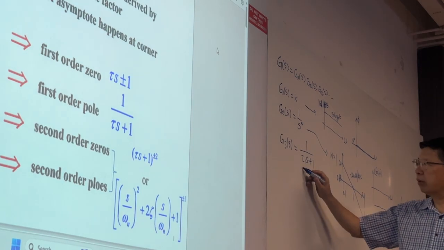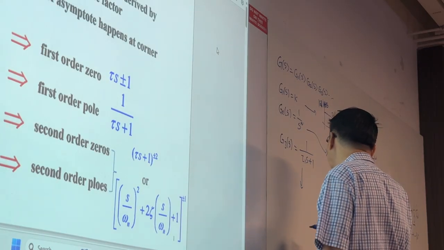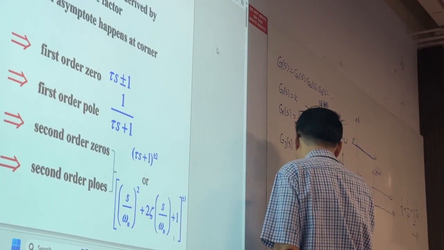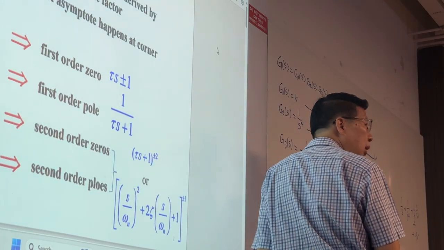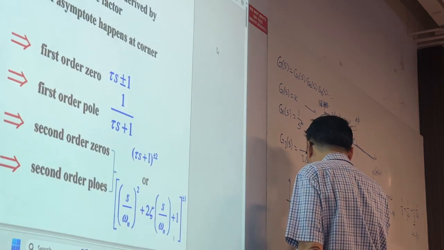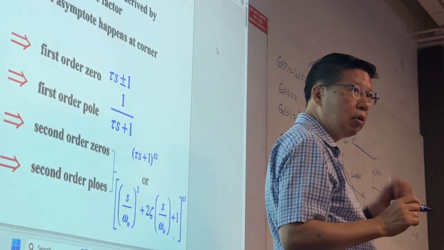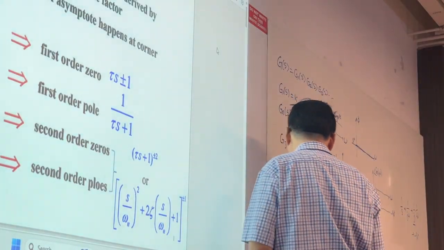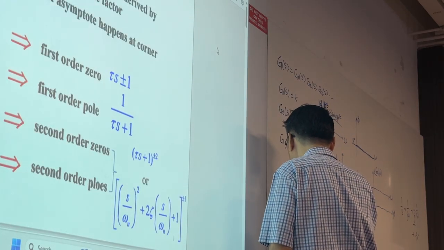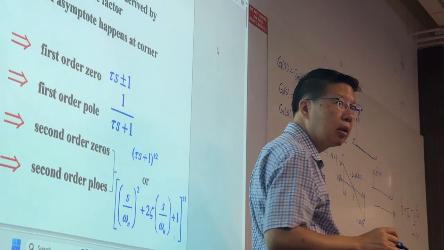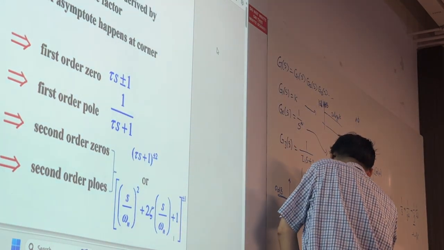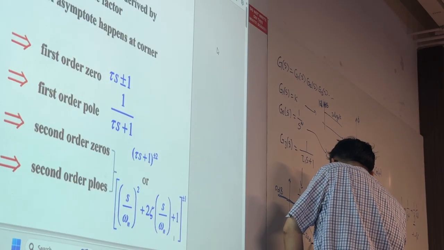And then for this one, first we need to find the corner frequency. The corner frequency is 1 over tau 1. This is called the corner frequency. On the left it is 0 dB, and on the right-hand side it is a slope of minus 20 dB per decade.